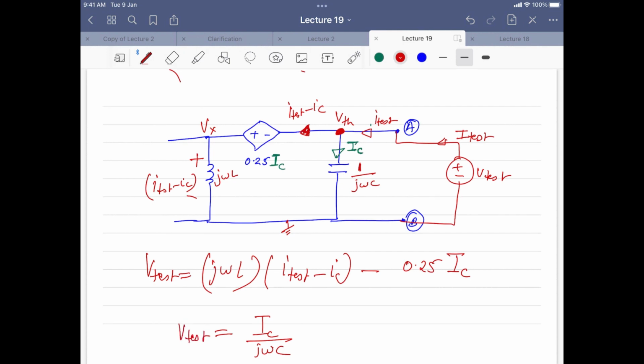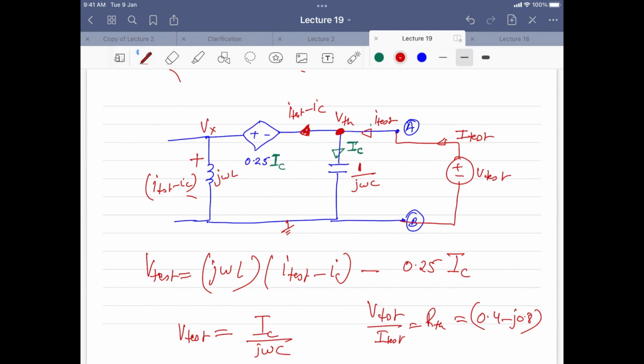So now if you substitute this IC, which is not known to us, into this equation in terms of V test, then V test by I test will be your RTH. If you calculate this, that value will come out to be 0.4 minus J 0.8. That is the answer.